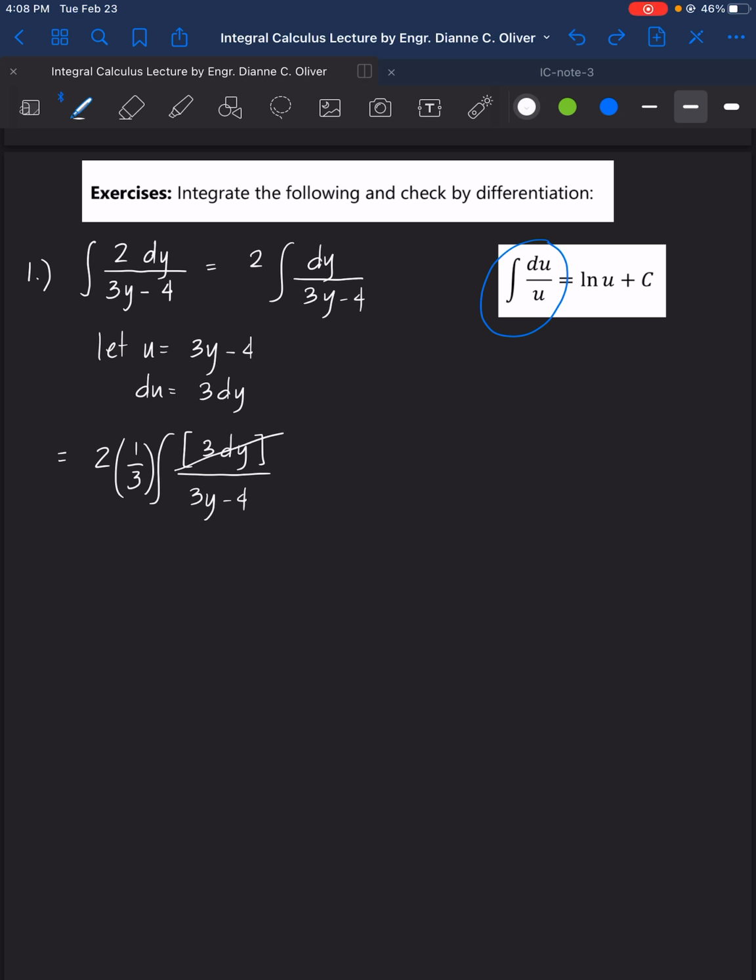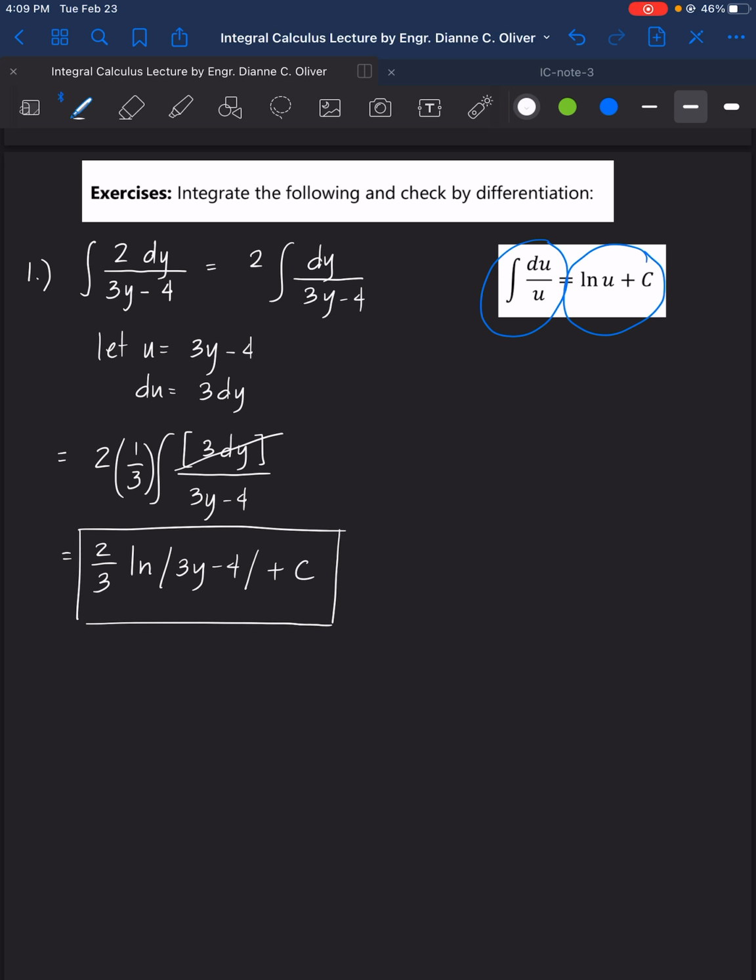Okay, and disregard this portion here. Therefore we now have 2/3. Now the pattern for the answer is ln u plus c. So that is ln of u, which is 3y minus 4 plus c. So this is the answer.